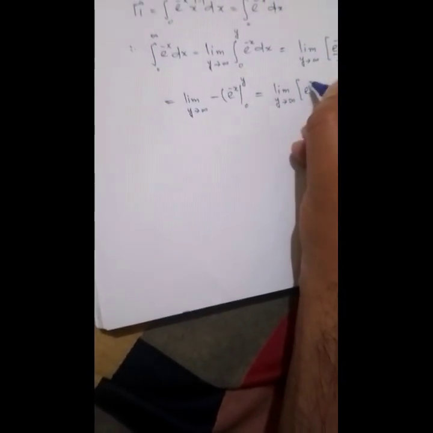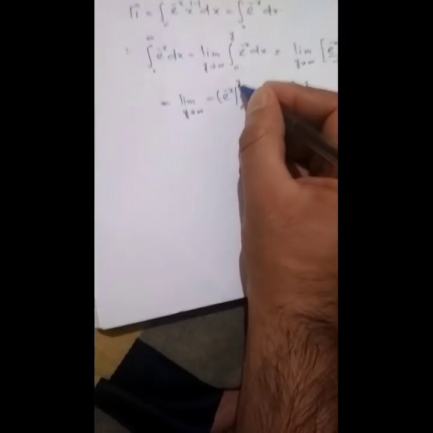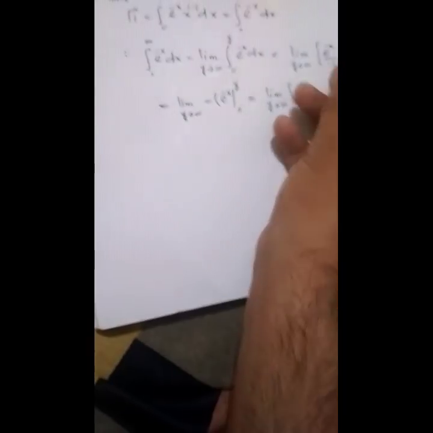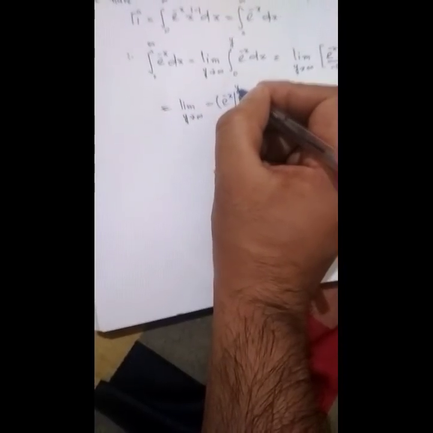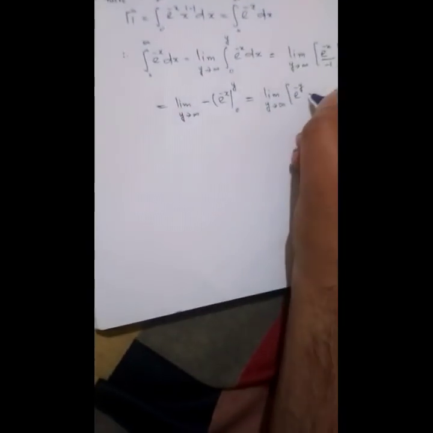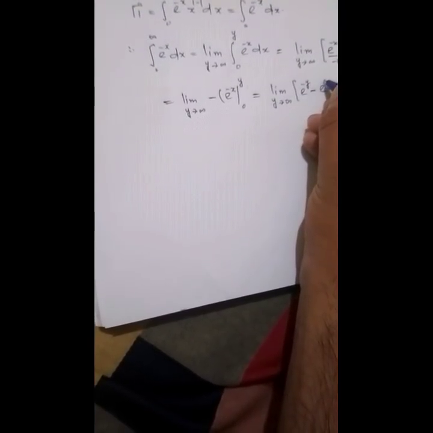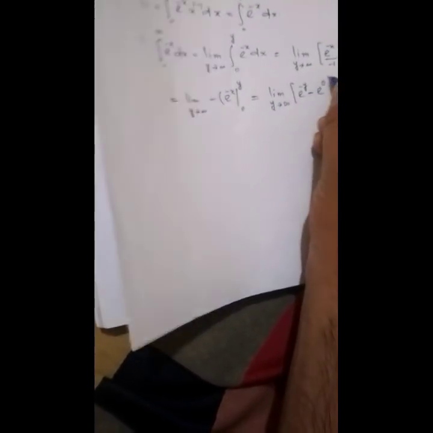Now we substitute the values, and this is equal to the limit y tends to infinity of e raised to power minus y, because we first give to the variable x the value y in e raised to power minus x. So we give the upper value first, e raised to power minus y, then minus e raised to power minus 0, that's e raised to power 0.